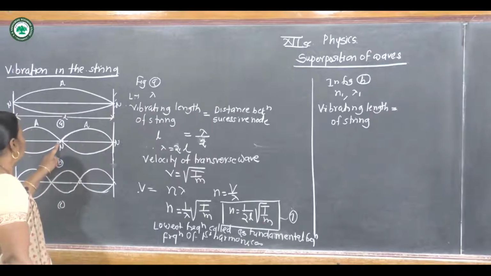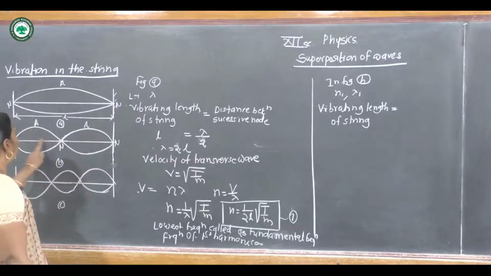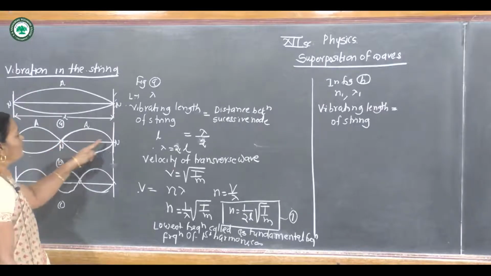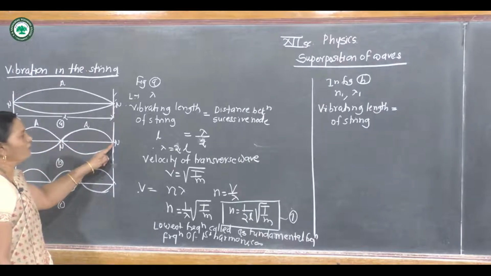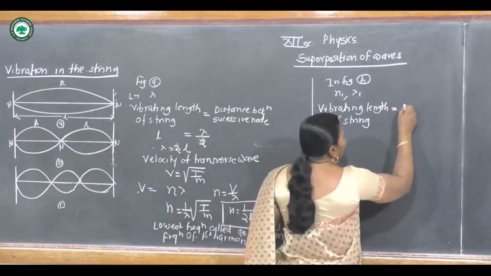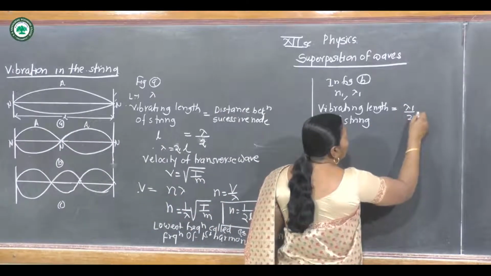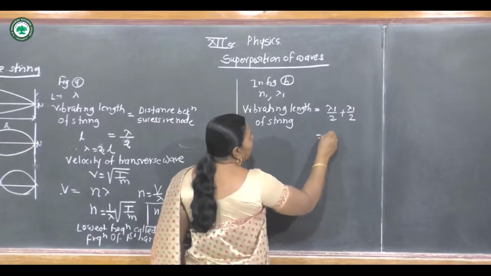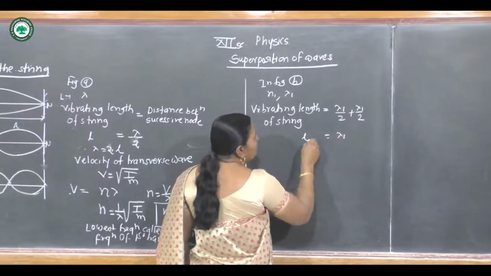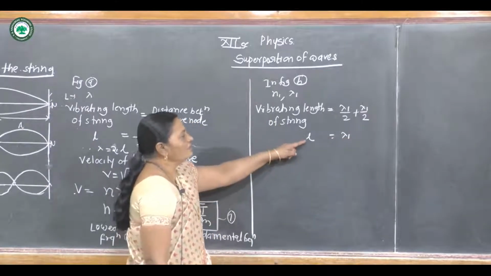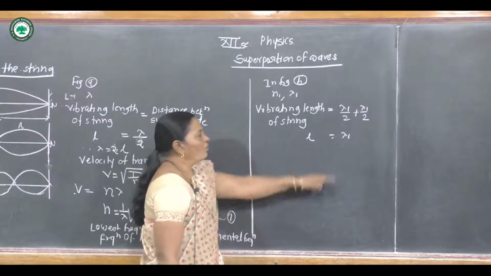Then we can say that the distance between nodes is lambda by 2, so L is lambda 1 by 2 plus lambda 1 by 2. We get L is equal to lambda 1.